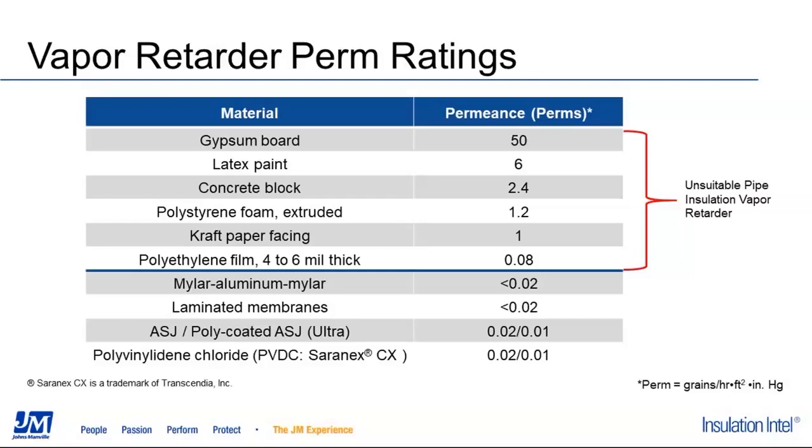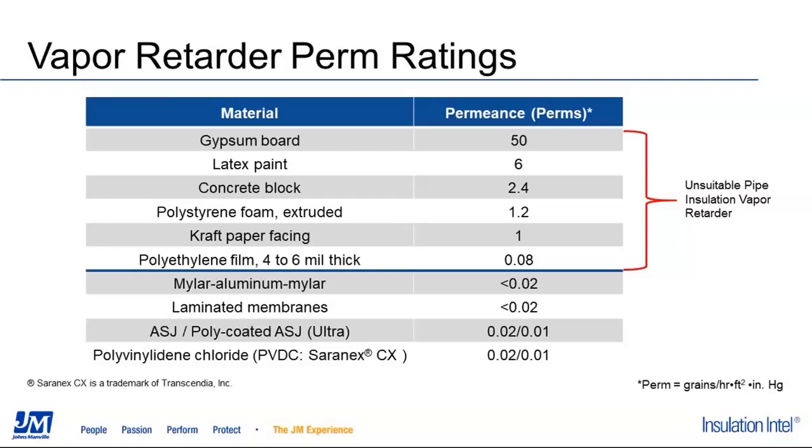Whereas craft paper, house wrap, or even polyethylene film might have a good permeance performance for use in a building envelope, none of these is acceptable as a pipe insulation vapor retarder. As this table shows, there are comparatively few materials with that 0.02 perms or lower performance required to be a pipe insulation vapor retarder.